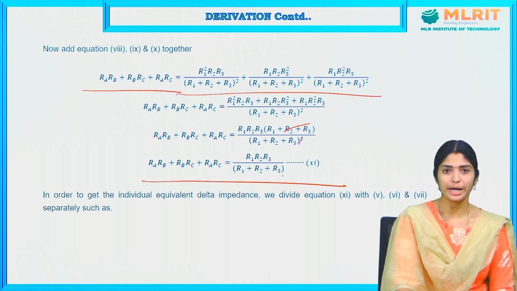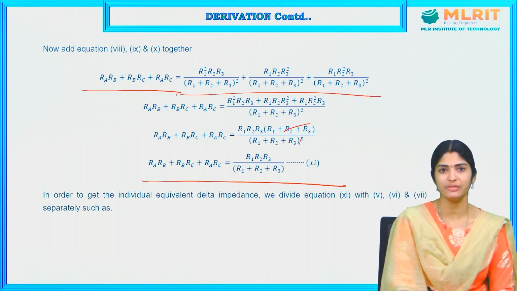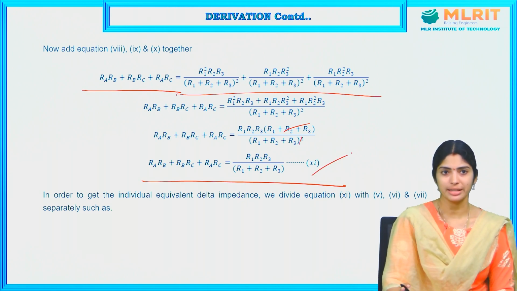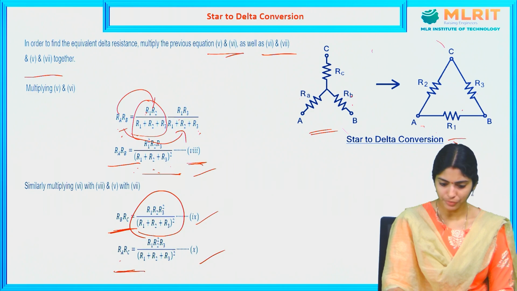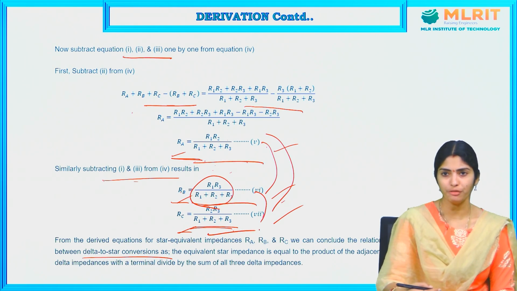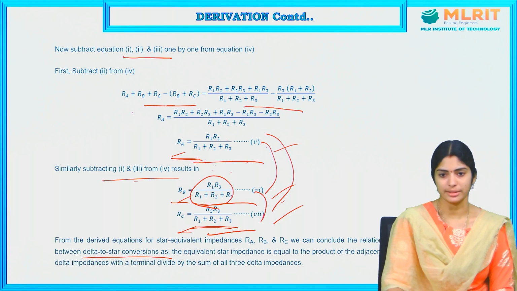So in order to find the equivalent delta impedance or resistance, we have to divide equation number 11 by equations 5, 6 and 7. From these we get the individual values of the resistances or impedances.